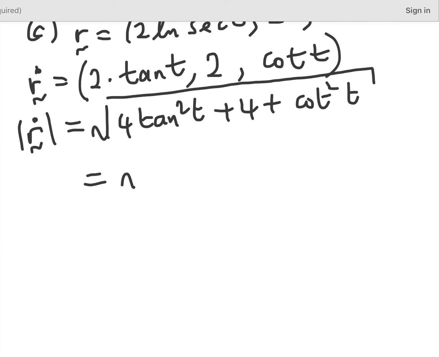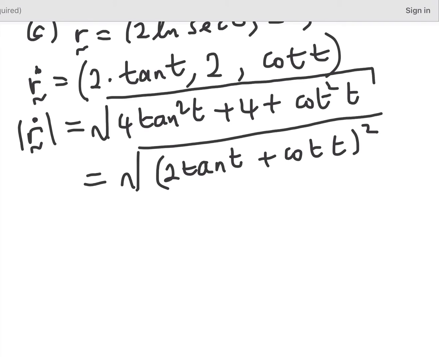So if we write this as the square root of, notice, 2 tan t plus the cotangent of t, and square all of that, like so. So if you just check this, the first term squared is 4 tan squared. The second term is cot squared.